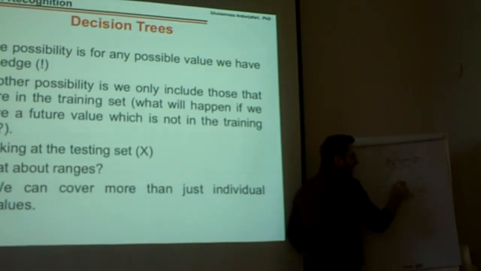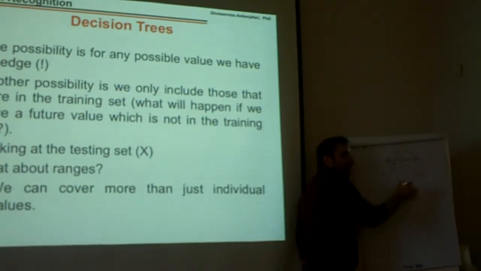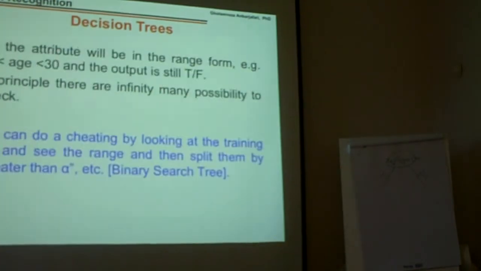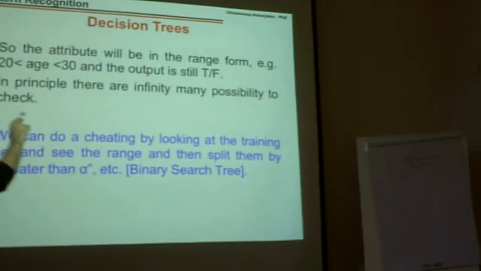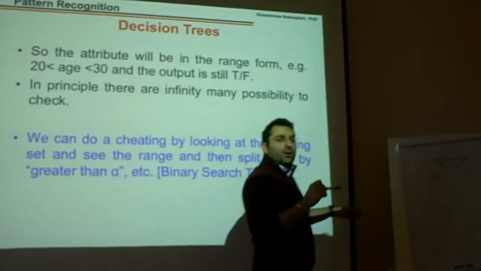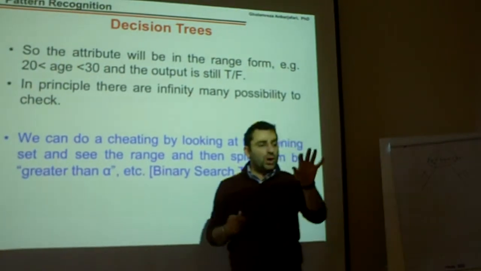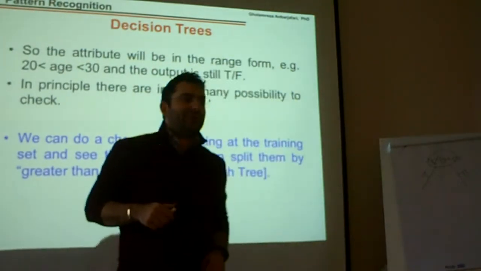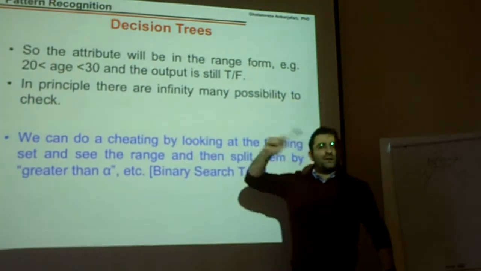And what are the values I can get here? It's either true or false. So, when we are talking about the continuous term, in order to be able to cover many more numbers and be more realistic, we are dealing with ranges. So we say that if it is between 20 or 30.